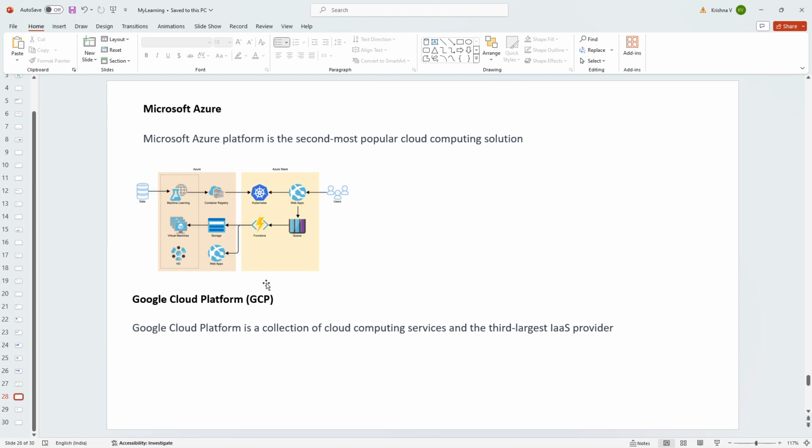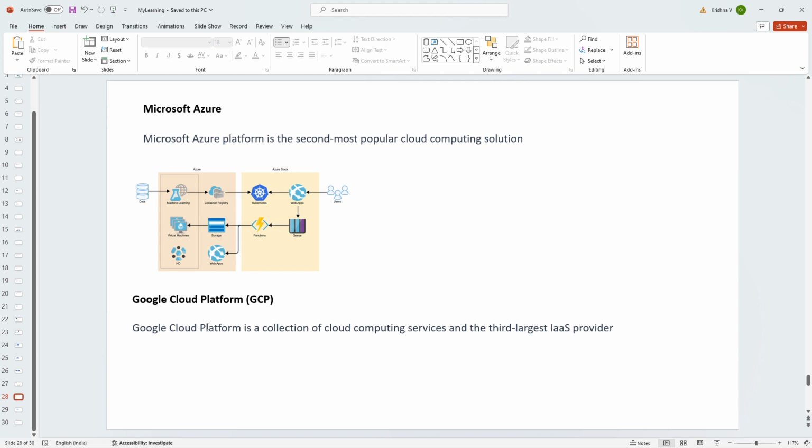Just as we have Lambda functions in AWS, we have Azure Functions. Same way, storage is S3 in AWS, and here it is Blob storage, and there's a queuing system. We just need to use them as per our requirement.